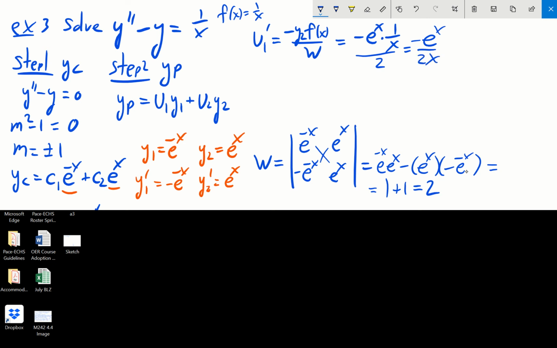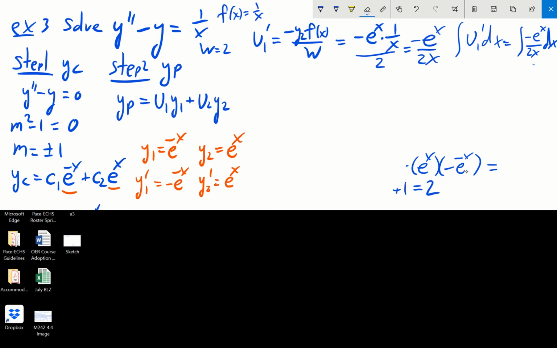Now, to find u1, u1 prime dx would be equal to the integral of this thing with respect to x. However, this integral here is not an elementary antiderivative. So that's not one we're going to be able to get a closed form for. So we could numerically analyze it if we wanted to.